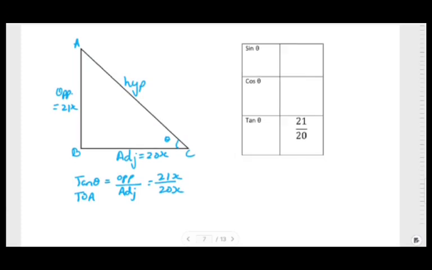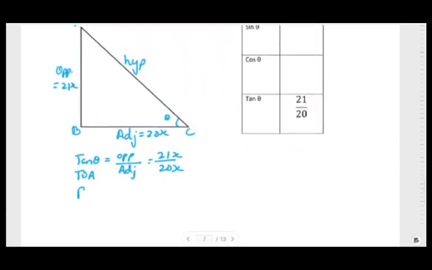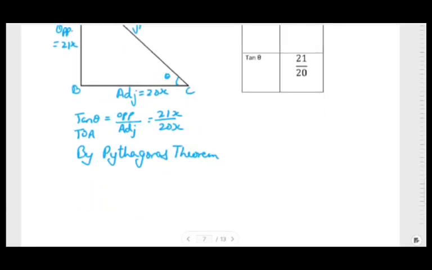Adjacent value is 20x. By Pythagoras theorem, AC the whole square is equal to 21x the whole square plus 20x the whole square.